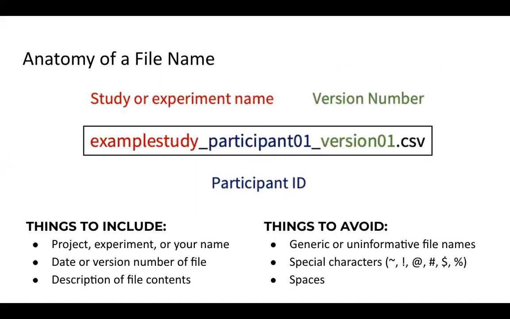So to start with, let's break down a good, informative file name. Ideally, your file names should include whatever information you would need to easily locate a specific file. For files associated with a specific research project, it's often a good idea to maintain a standardized file naming convention.